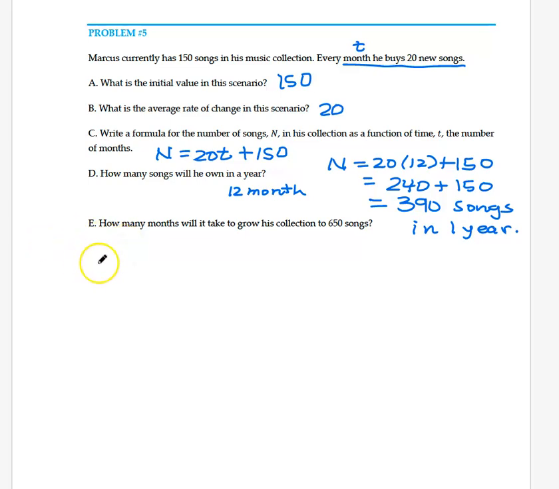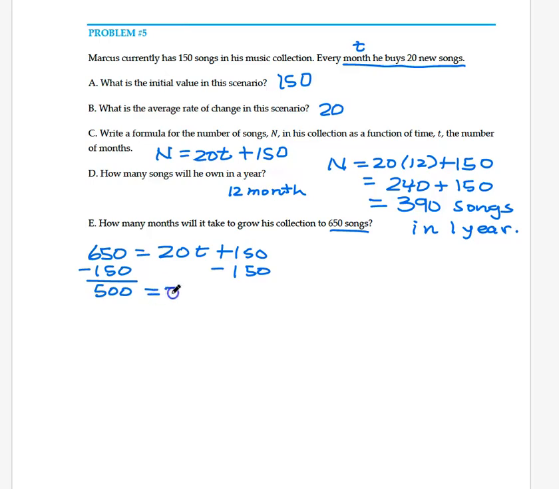All right, and then part E, how many months will it take to grow his collection to 650 songs? Well, that's the number of songs, so that's going to go in place of our N this time. So 650 equals 20 times t plus 150, and we need to solve that for t. Let's start by subtracting that 150 over. 650 minus 150 gives me 500.